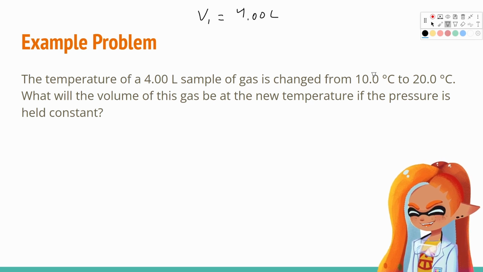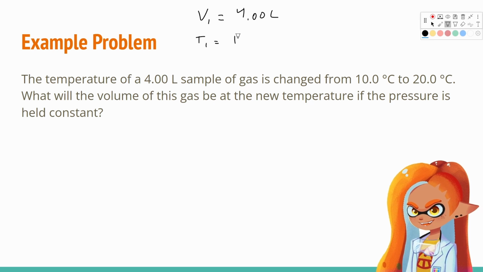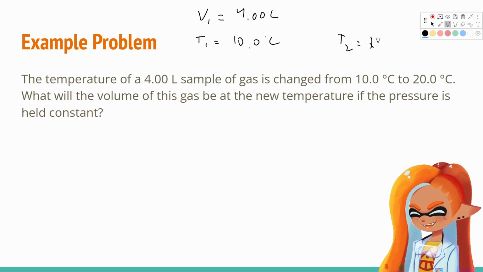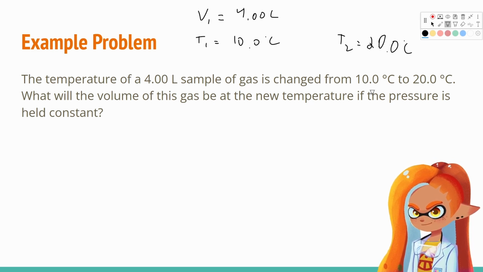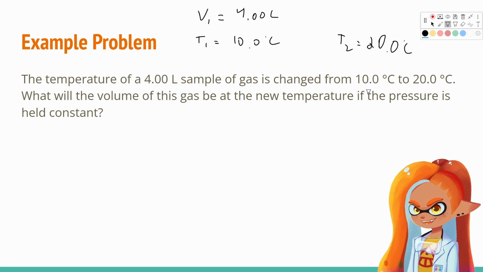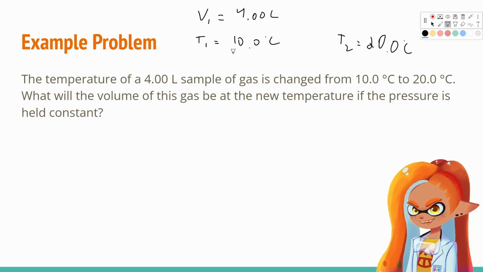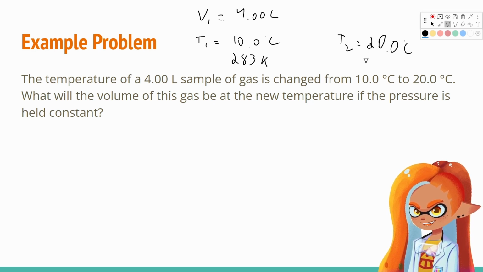I have an initial temperature and a final temperature. So my T1 is going to be 10 degrees Celsius, and my T2 is going to be 20 degrees Celsius. And as I said earlier, you want to make sure you convert these to Kelvin. So I'm going to go ahead and get this to 283 Kelvin. And then this is going to be 293 Kelvin.